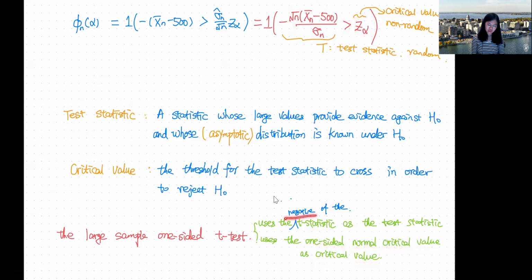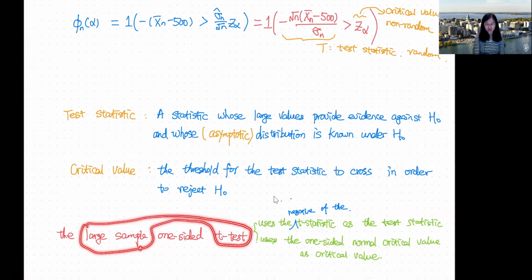Whenever we use the negative, or absolute value, of the t-statistic as the test statistic, and we use a normal critical value as the critical value, we are doing a t-test, or a large sample t-test. Large sample t-test means that we're using the standard normal critical value instead of a t-critical value.